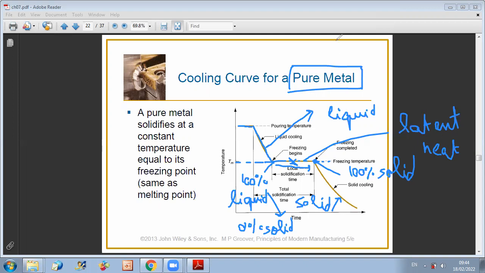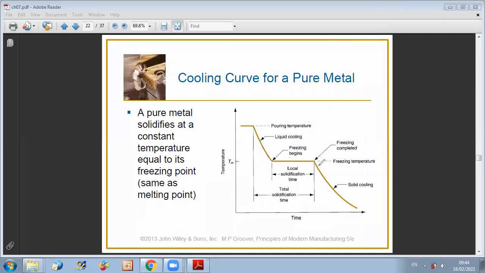Now, once we reach this point, we consider that freezing is complete. This point is the beginning of freezing, and we can talk about local solidification time and total solidification time.